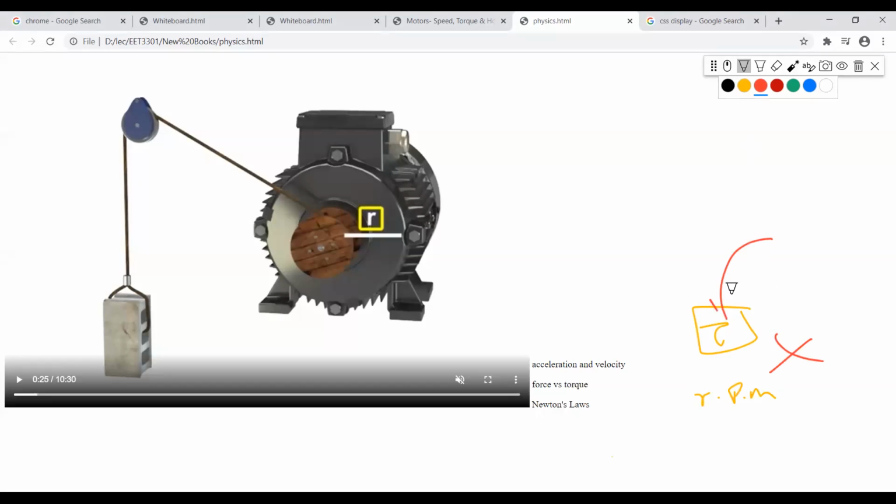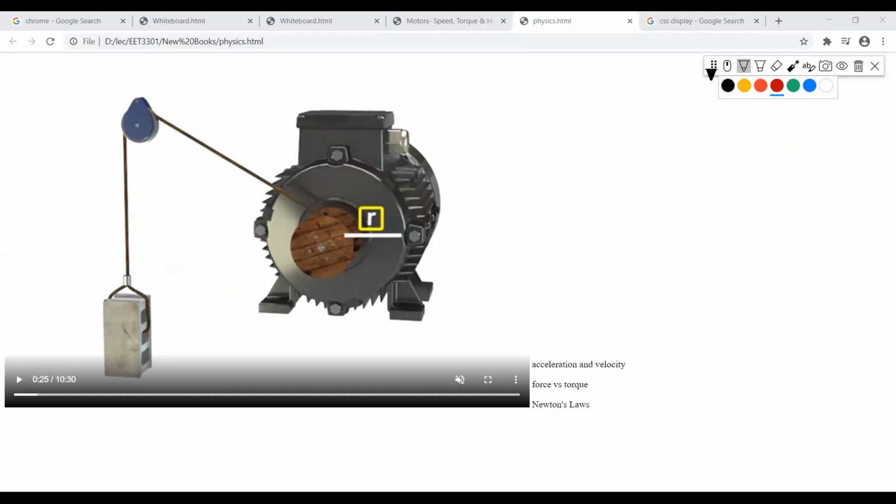The unit for torque is the unit of force multiplied by the unit of radius, so that is going to be Newton meters. This is the correct unit, and this unit is wrong. So remember, you will definitely lose marks for that. It's a kind of severe mistake, but again, thank you for your answer.